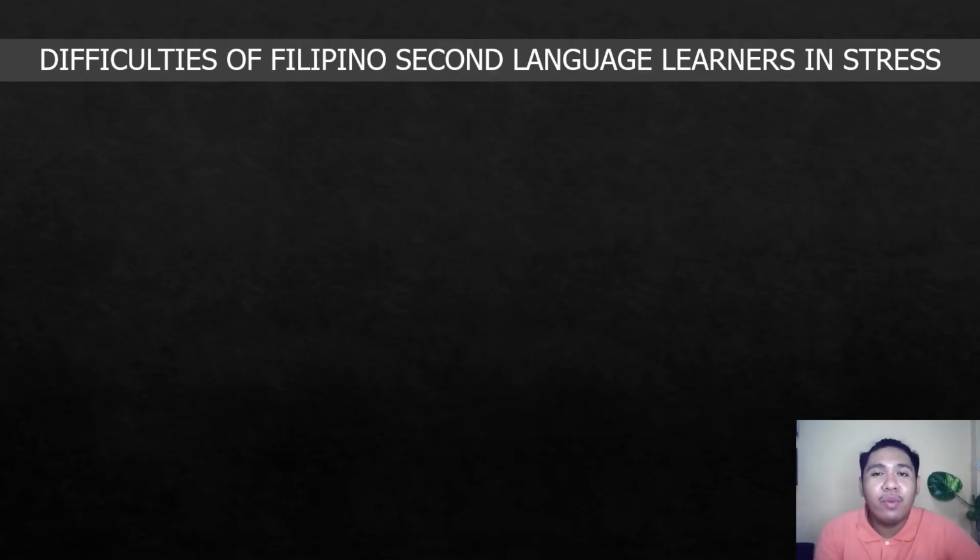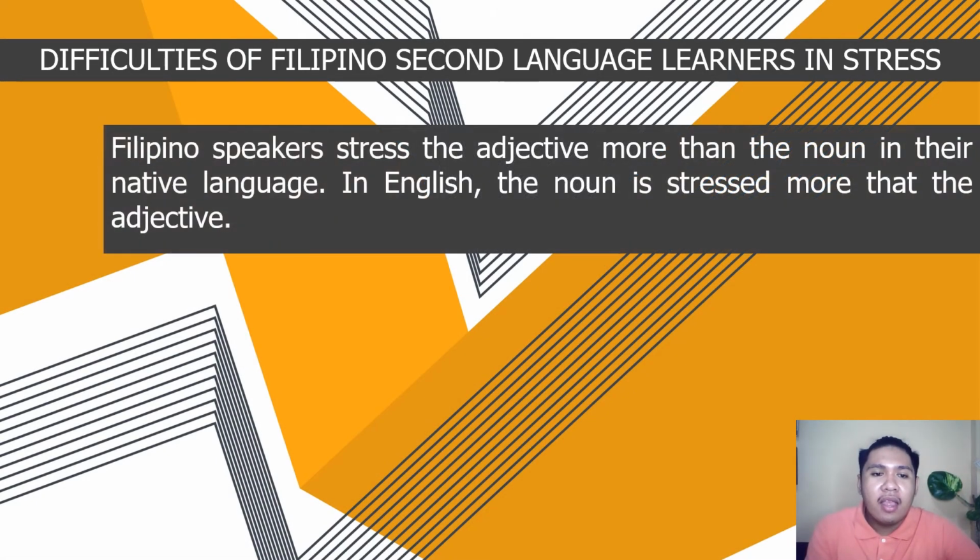Okay, so while we learn the prosodic features of the English language, we also observe the mistakes of the Filipino second language learners or speakers in using the English language. Filipino speakers stress the adjective more than the noun in their native language. In English, the noun is stressed more than the adjective.